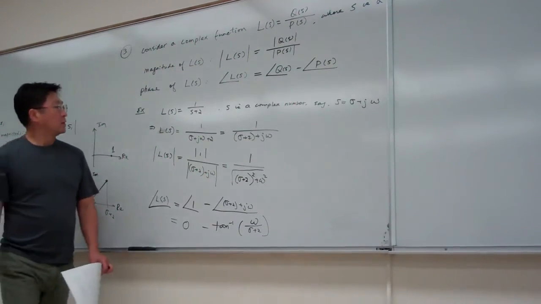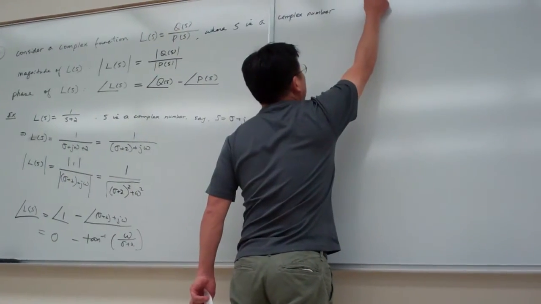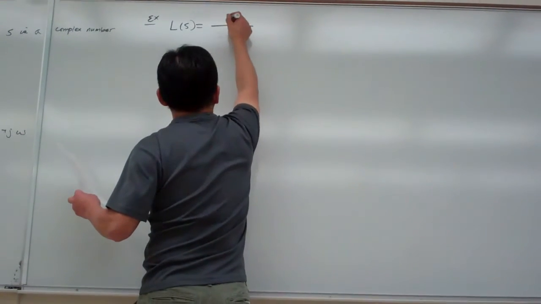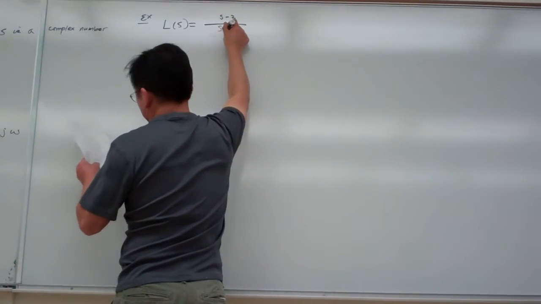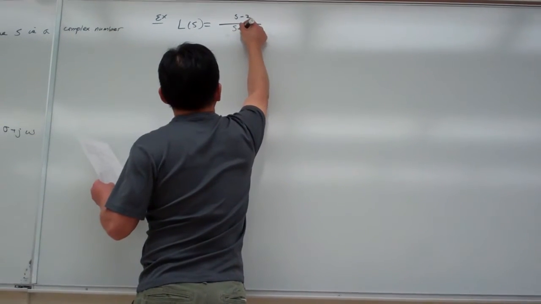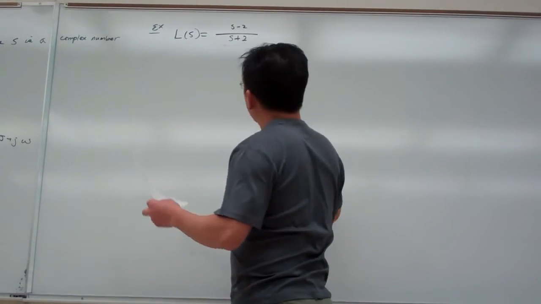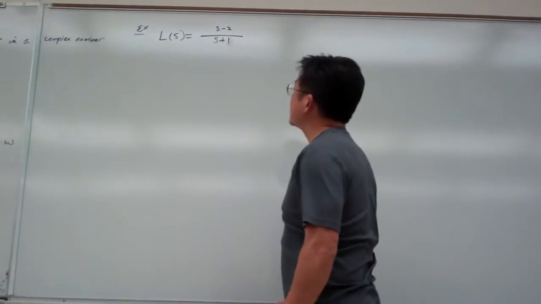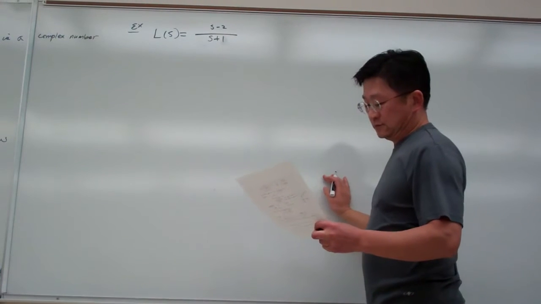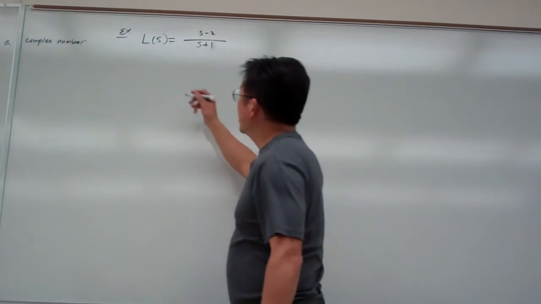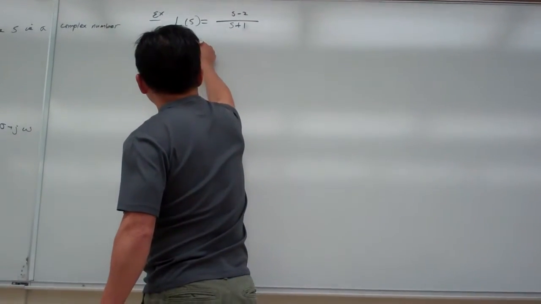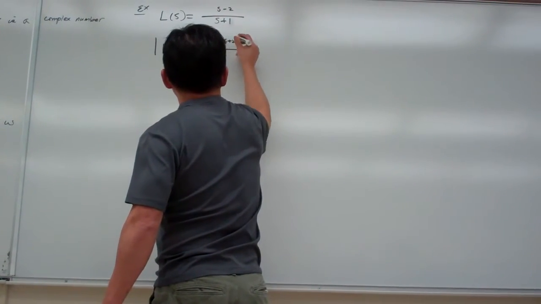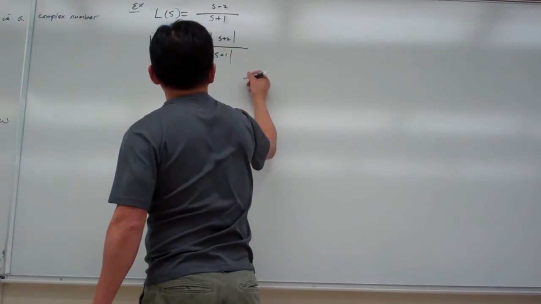Okay, so we can look at another example. For example, s plus 2 over s plus 1. So here we can calculate the magnitude: the magnitude of s plus 2 and the magnitude of s plus 1.